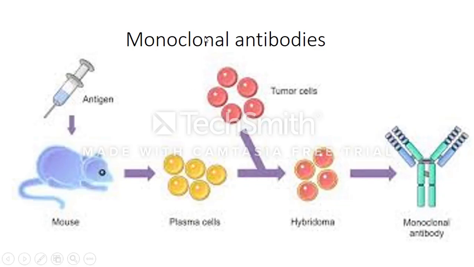So the medium that we put these cells on in the plate is able to kill off these tumor cells, and the plasma cells survive, and also the hybridoma cells survive. Now, when these cells begin to proliferate, realize that plasma cells will not proliferate that much because they are primary cells and they will soon die.